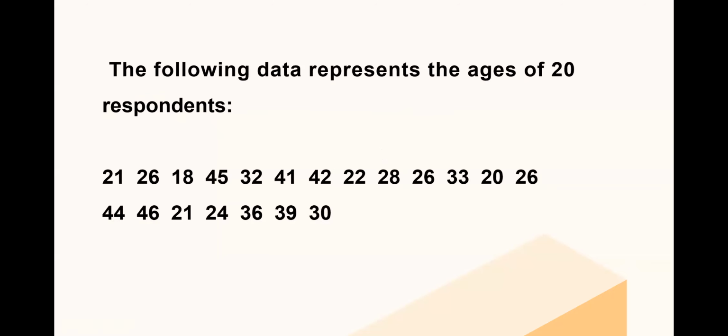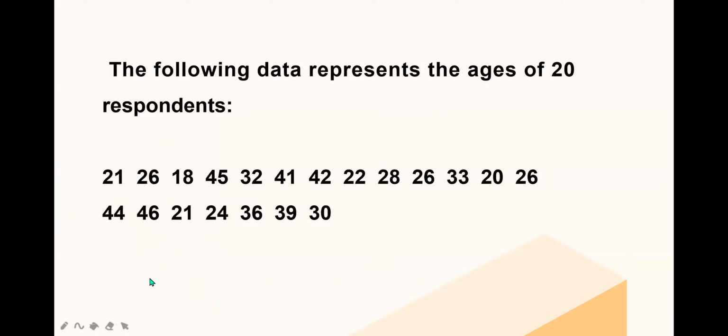On your scratch paper, kindly copy the following data that represents the ages of our 20 respondents. I'm going to give you, I think, 1 minute to copy these numbers.